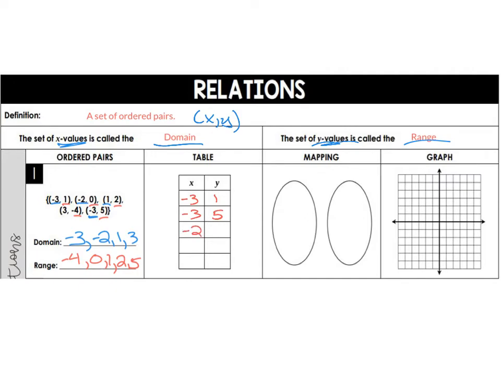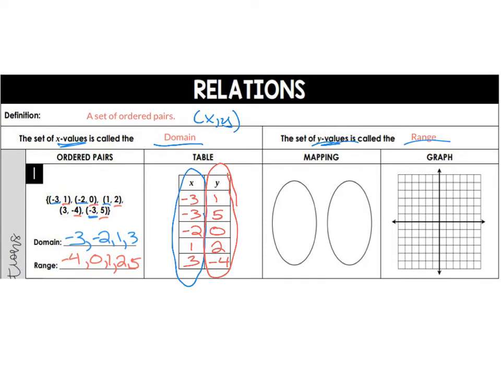We got -2, and its pair was 0. We have 1 and 2, and then we have that 3 and -4. Now, once again, if we are trying to use this to find our domain, what are our domain values? That would be all of those x values. What were our range values? Range is going to be all of those y values.